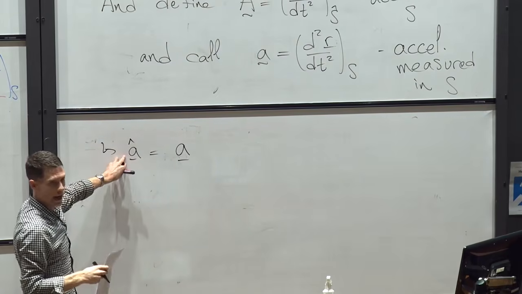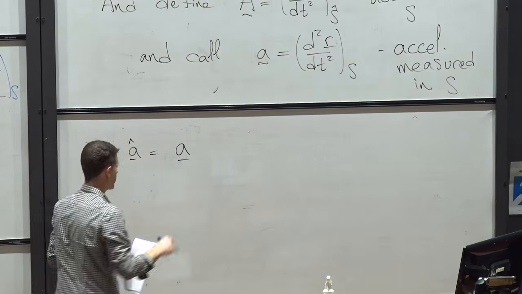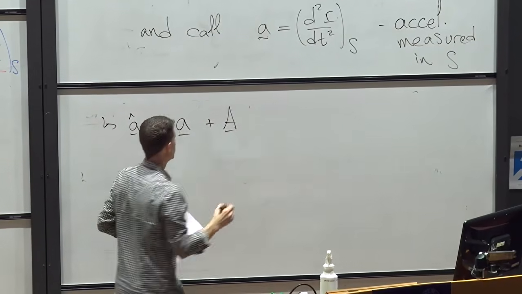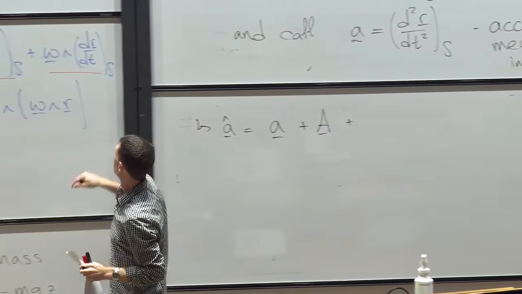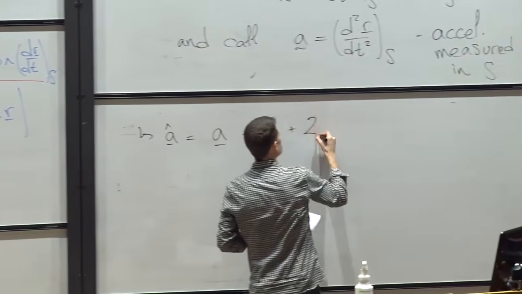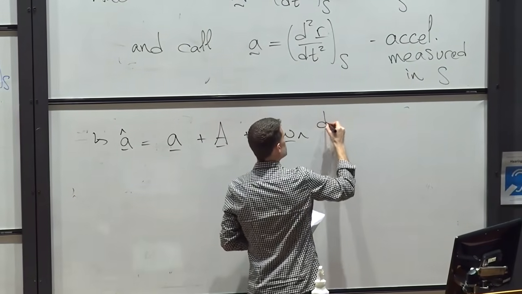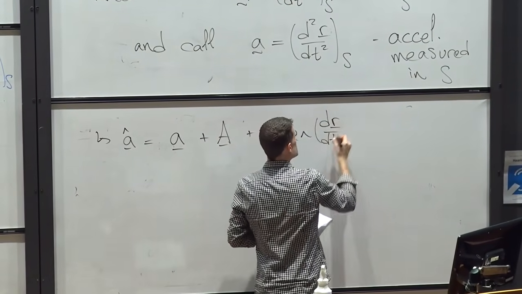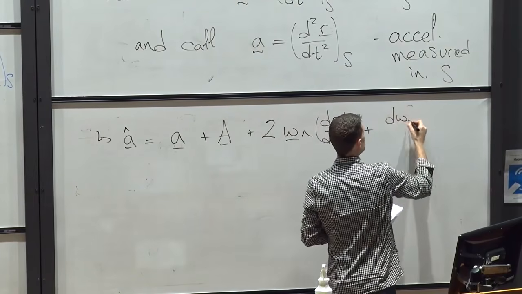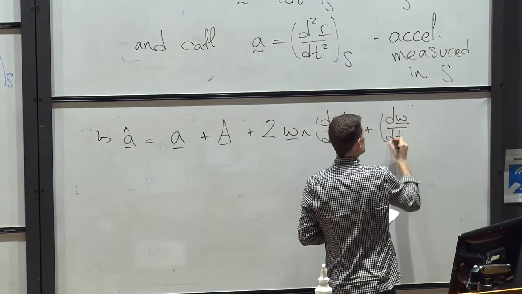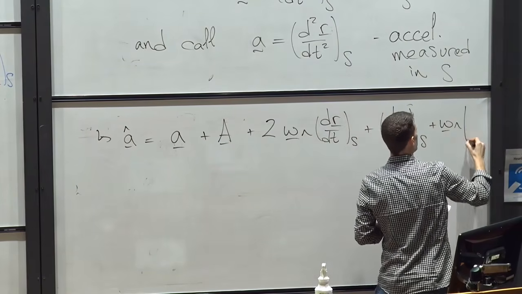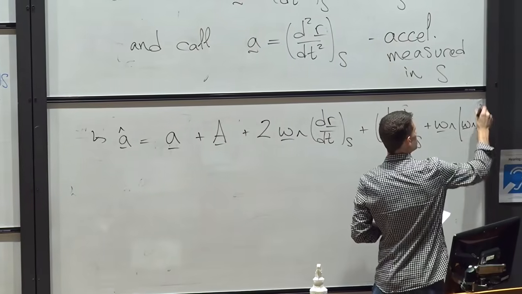So a with the hat, the proper acceleration, is the non-proper acceleration plus capital A, the acceleration of the frame, plus we get 2 copies of an omega cross dr/dt in the S, and we get a d omega/dt in the S plus an omega cross r.